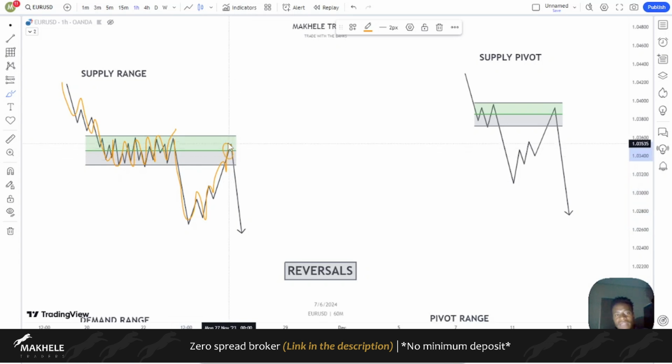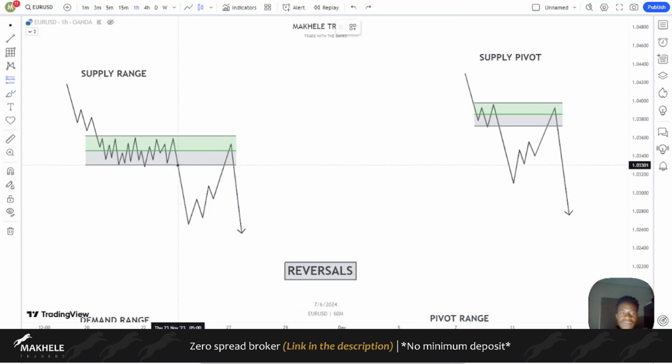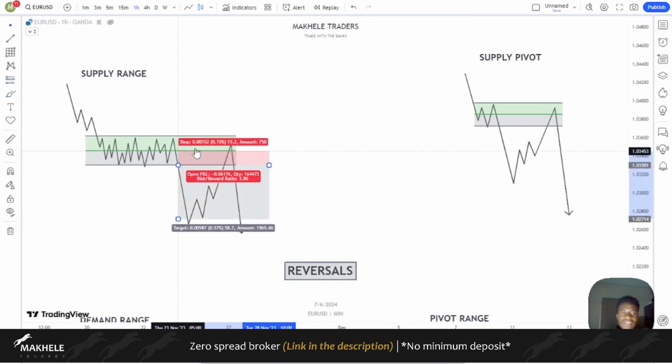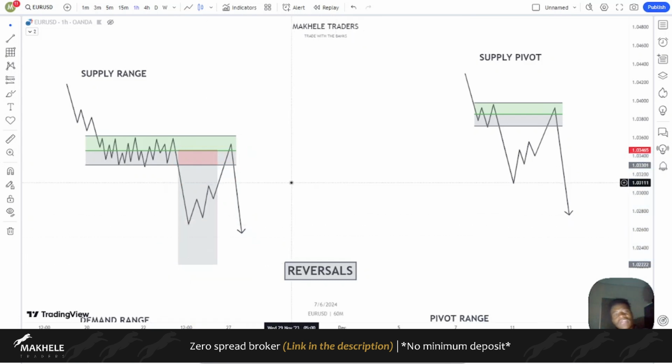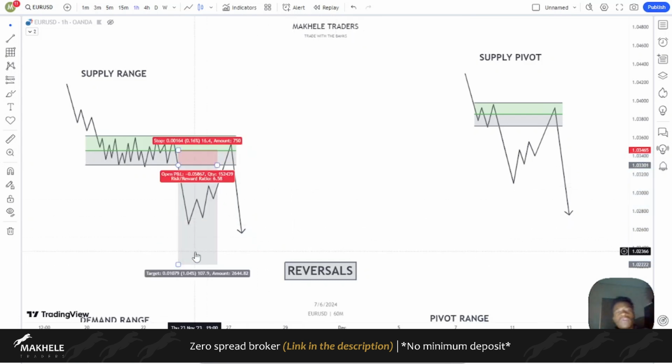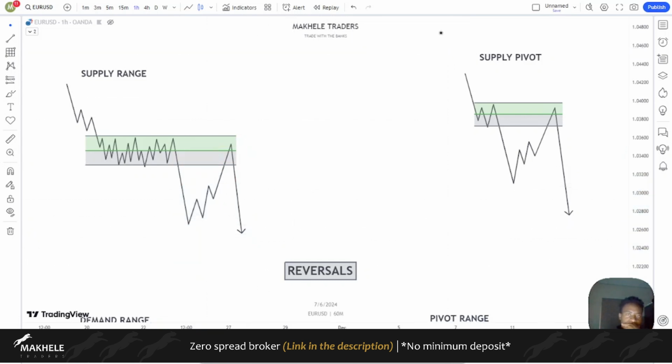Price will pull back to this level and then it sells again. So as traders, we try to look for these selling positions here. Don't trade the breakout. Wait for price to come and retest the level before you take an entry. Because sometimes you may find out that your entry is here and your stop loss is precisely where price will reverse at. You're correct about the direction, but your entry was very wrong because of your impatience.